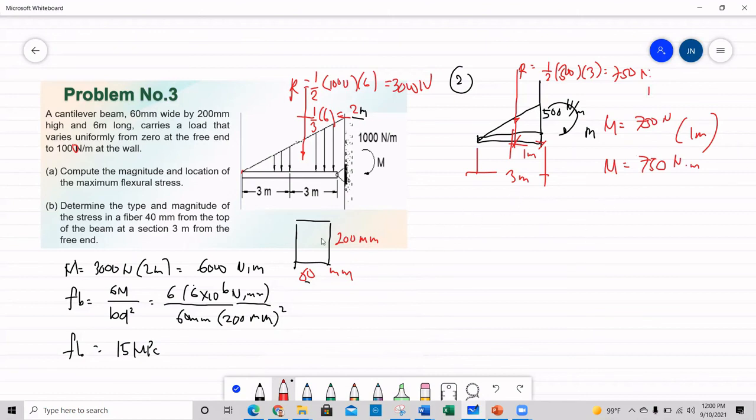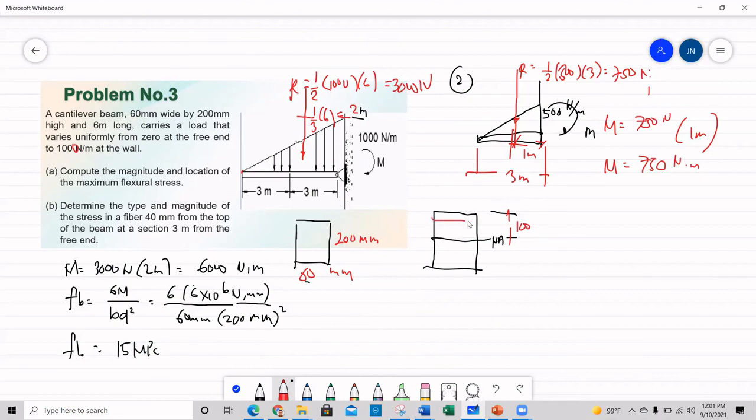But the question is to determine the type and magnitude of the stress in a fiber 40 millimeters from the top of the beam. So this is your beam, 200, and this is the neutral axis. The distance from here is 100, since the total is 200. What is being asked is just 40 millimeters from the top of the beam.